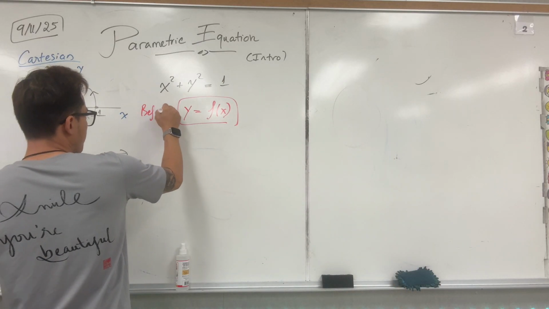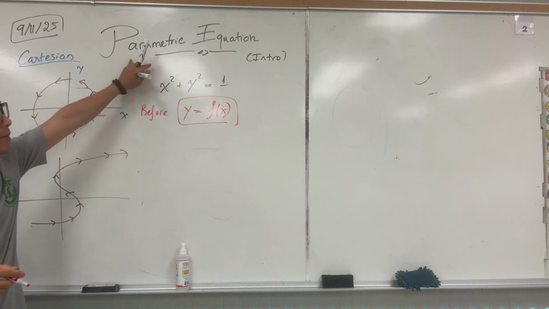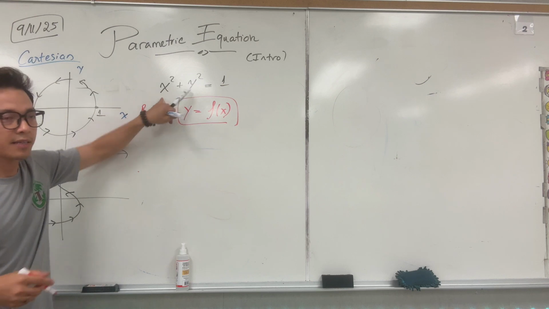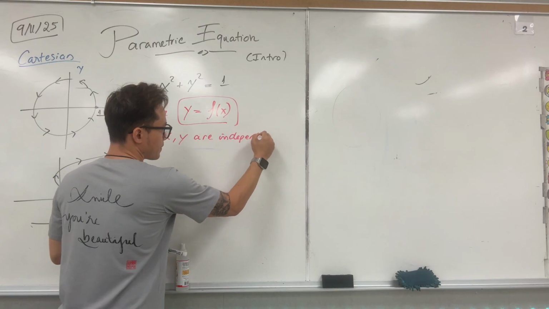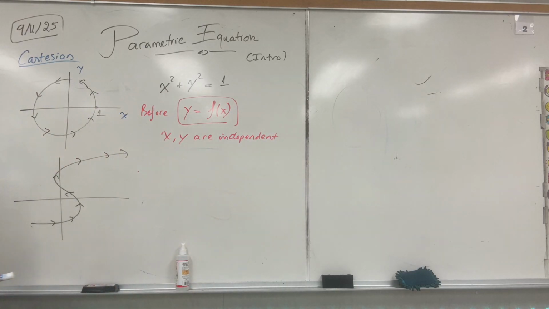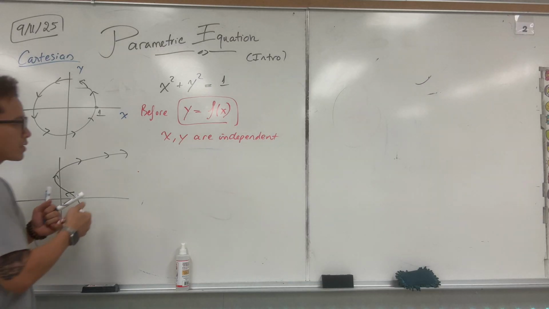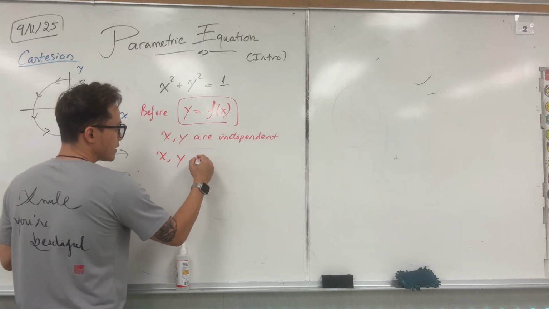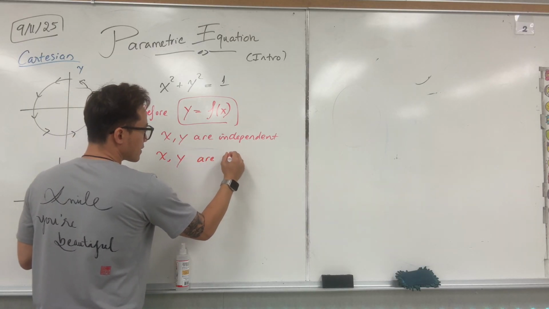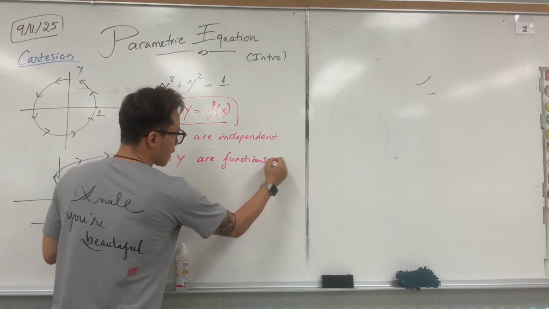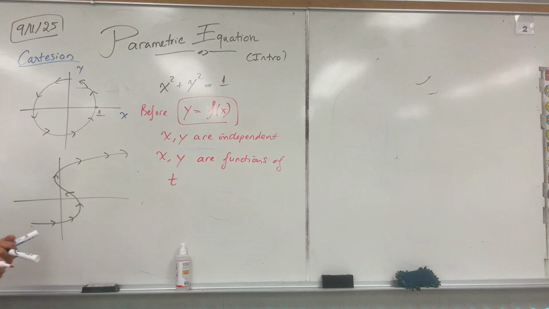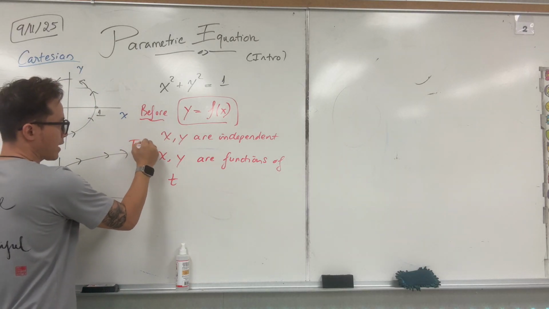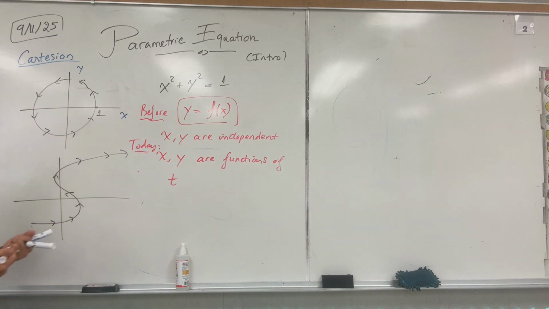Now with the parametric equation, x and y are independent, but they use another variable to represent this. So x and y are functions of t.